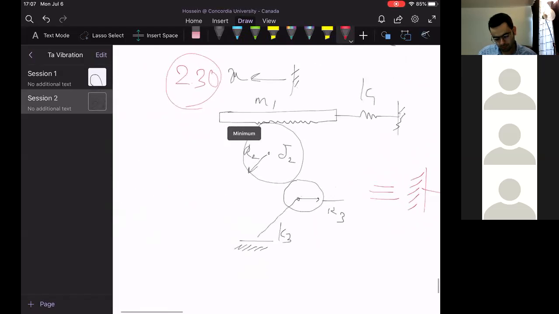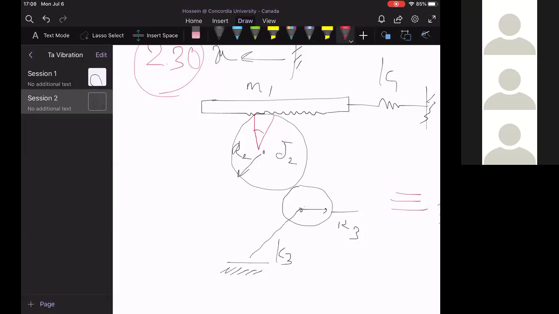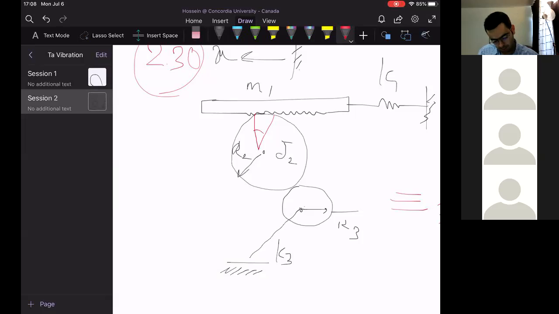So let's call this angle theta 2, and let's call this angle theta 3.